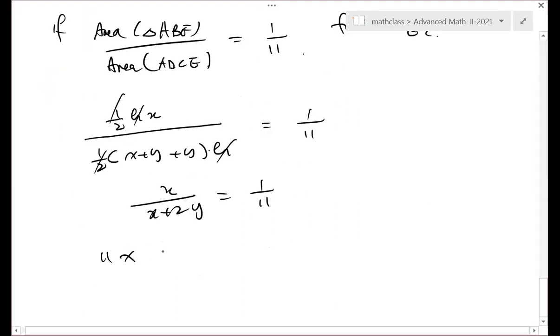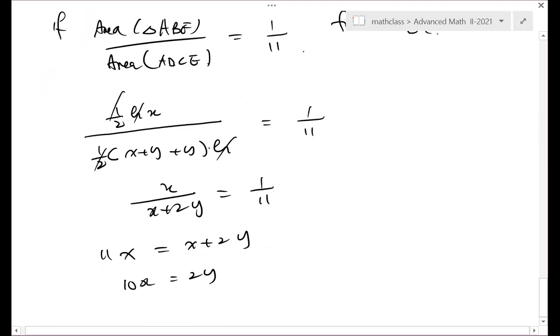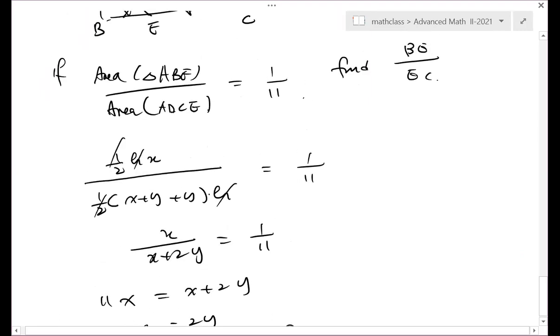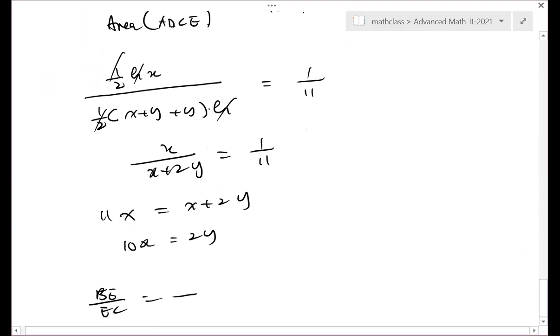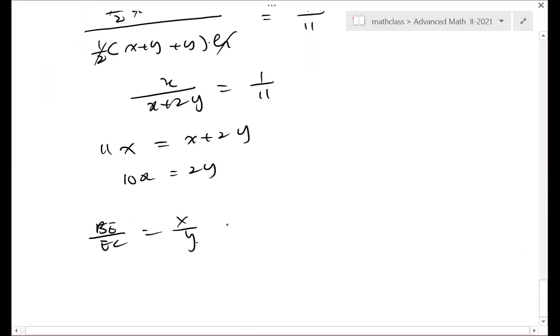So 11X equals X plus 2Y. Then 10X equals 2Y, right? And what is the value of X to Y? BE and EC, the ratio BE to EC is going to be X over Y. And what is X over Y?